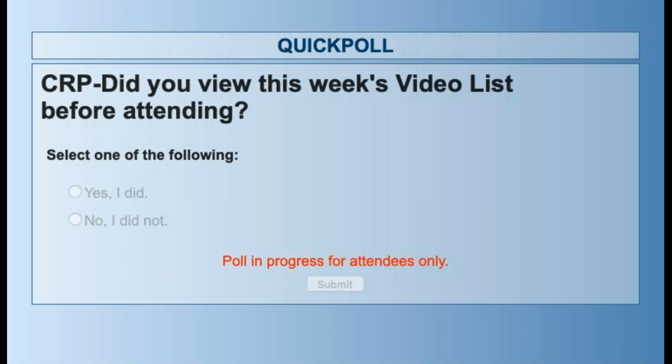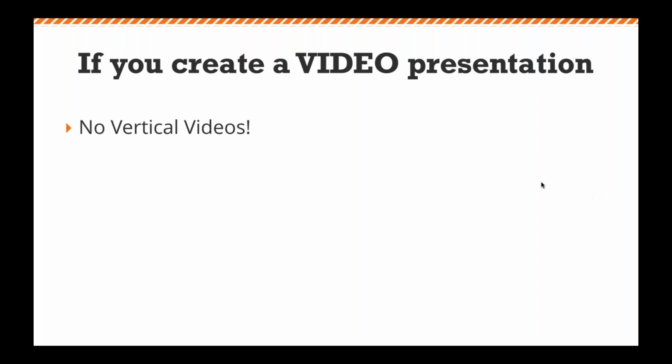All right, looks like most of you did. Okay, that's good. So those of you who did should have seen the vertical video. No vertical videos. Okay. So that's number one. I don't want to see any vertical videos.